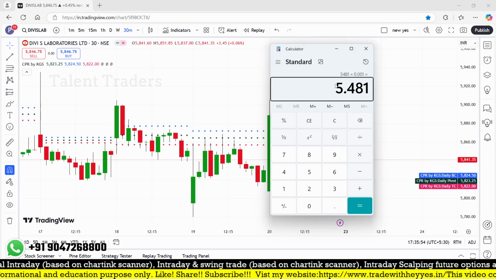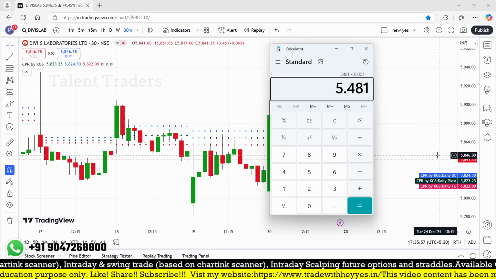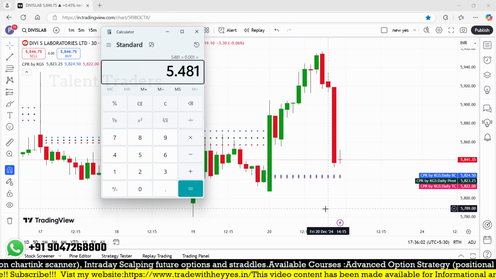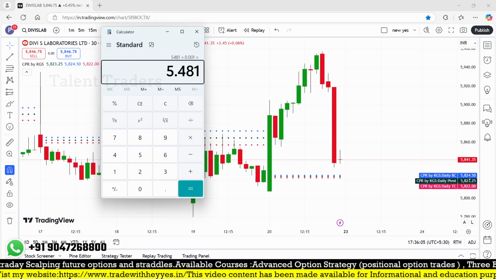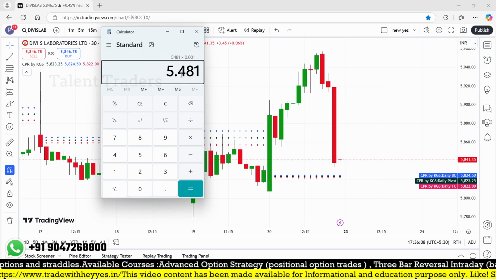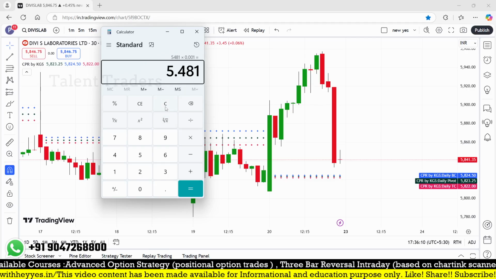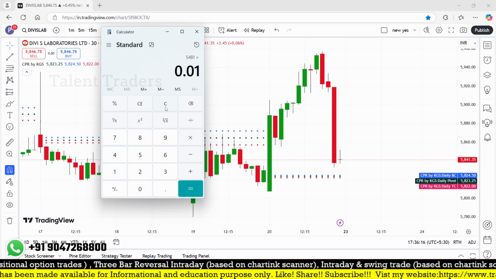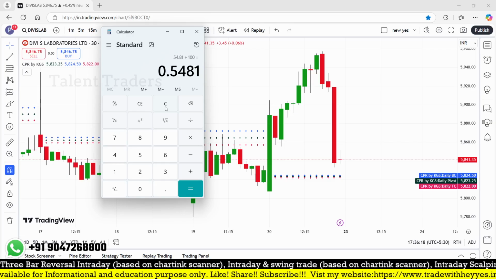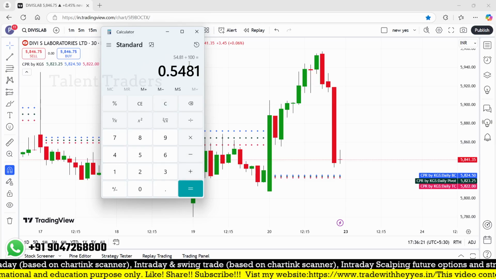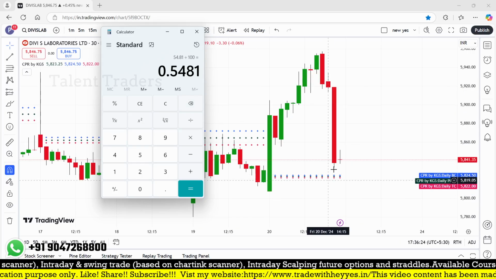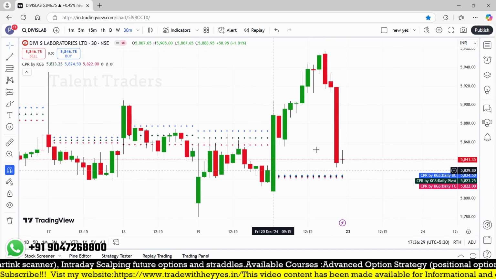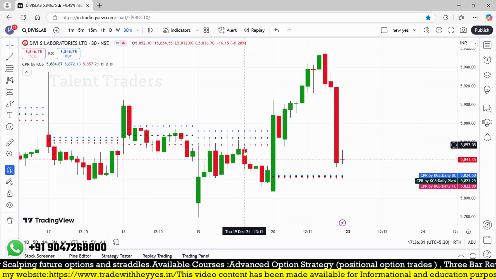If I multiply the closing price by 0.01, which is one percent, it should be about 54 points. So if the gap is less than 54 points, the stock would be shown on this list. I'm simply adding these values.